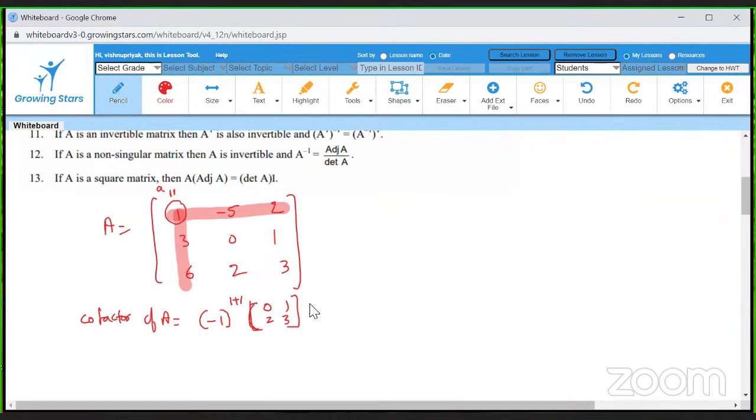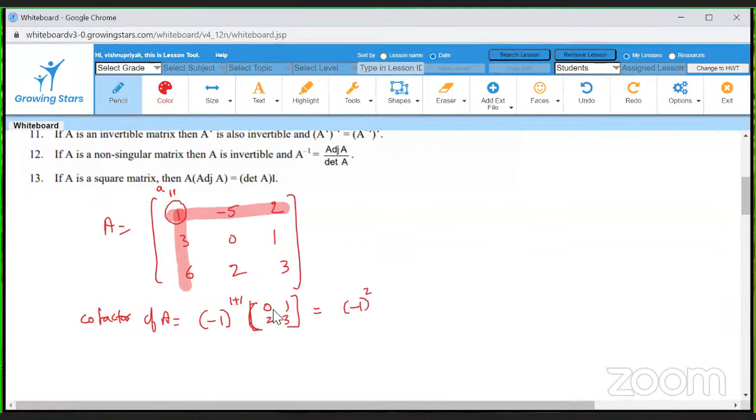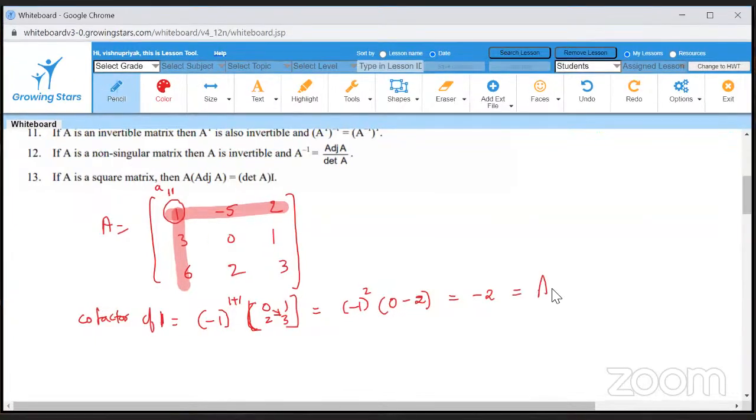That is the cofactor. That means minus 1 square, and you have to cross multiply: 0 into 3, minus 2 into 1. So minus 2 is the cofactor for 1. It is written as A11.